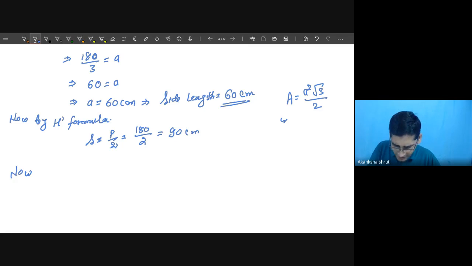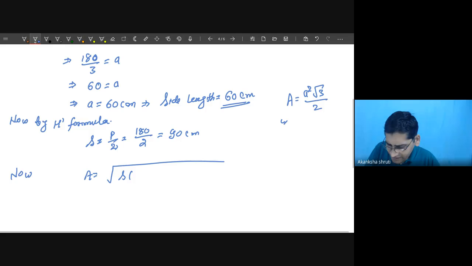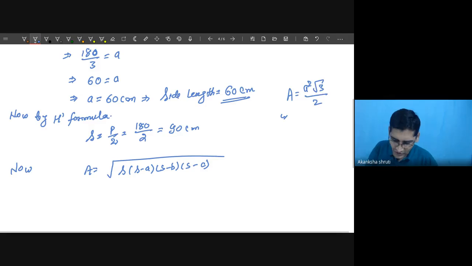Now, by Heron's formula, what is the area? Area is obtained by first taking the semi-perimeter S, then S minus A, then S minus B, then S minus C, all under a square root. This is the formula I have written. I have not substituted anything.